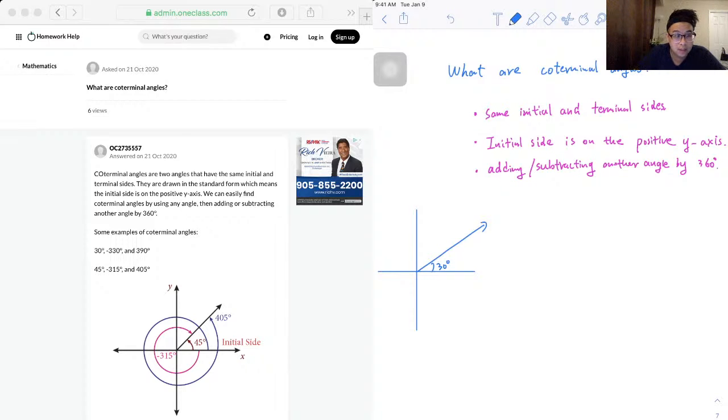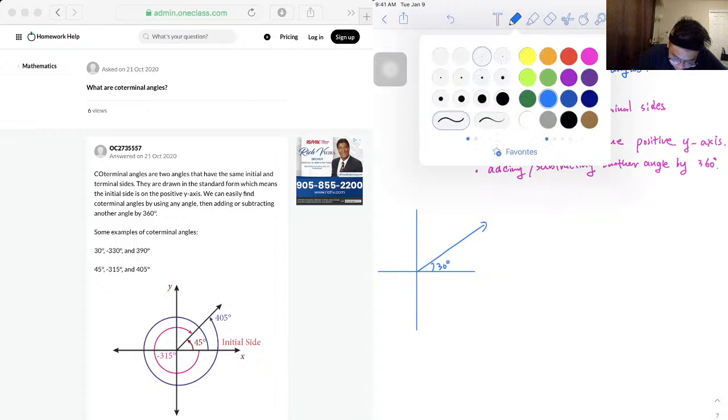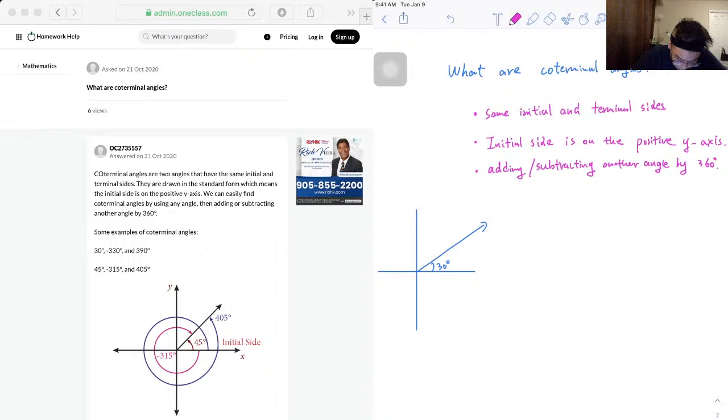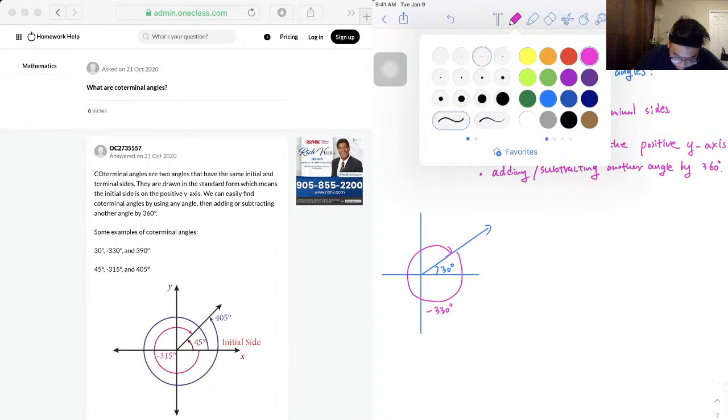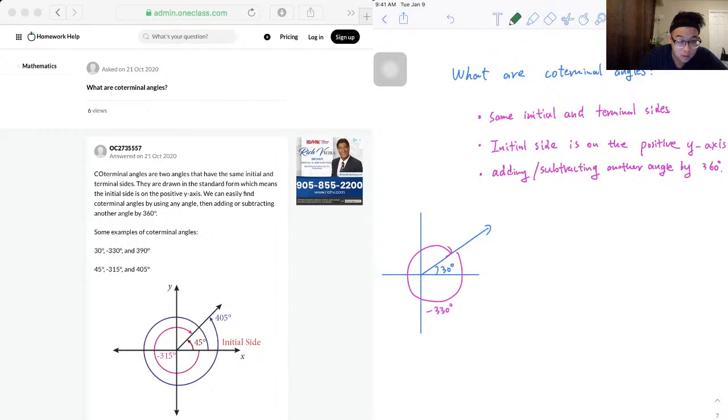So it looks like this, and its coterminal angles will be, I'll use another color, negative 330. And also there's another one which is 390.